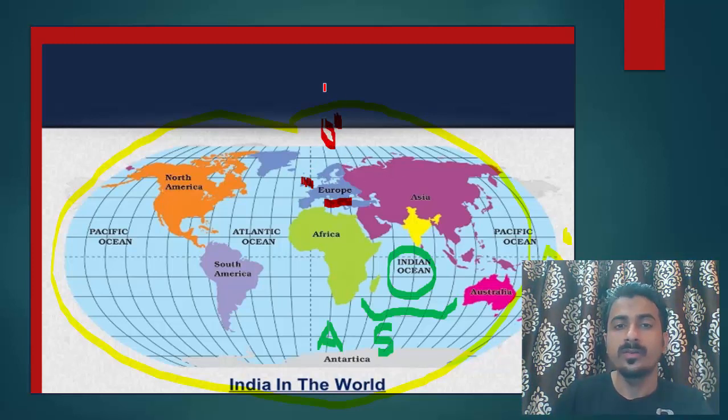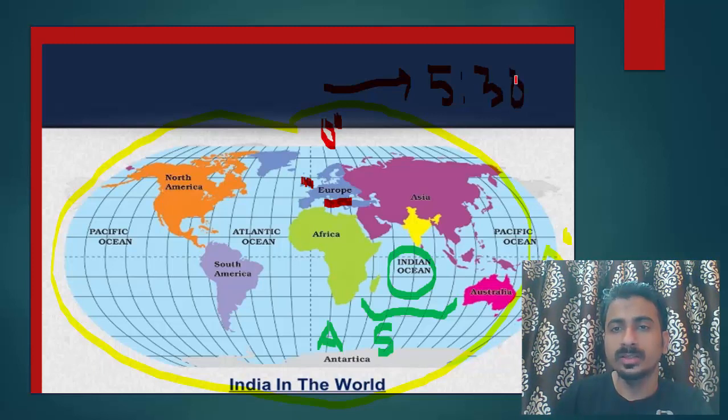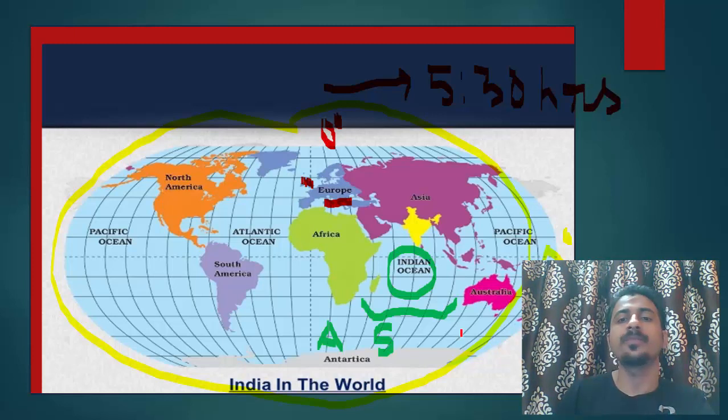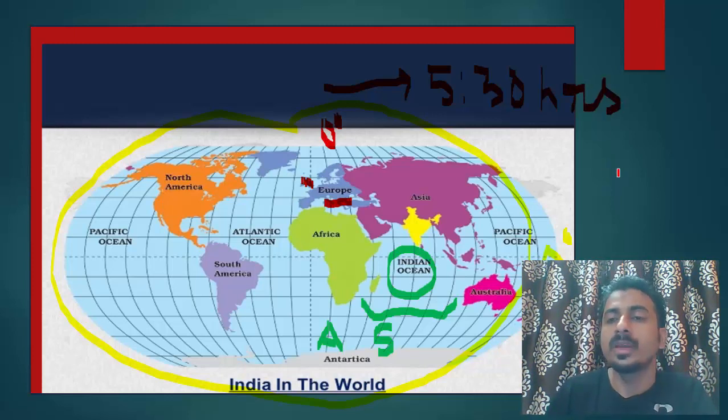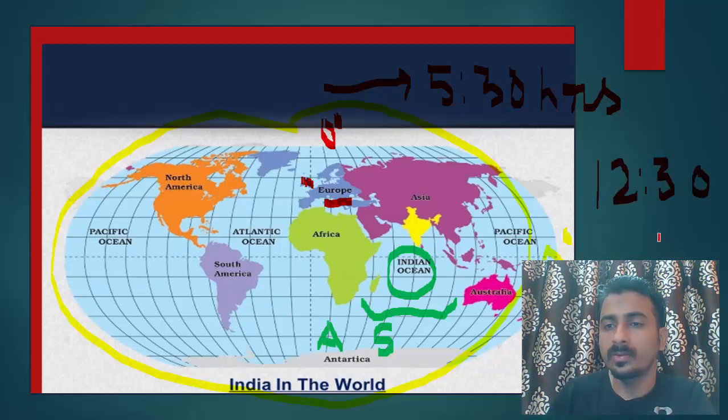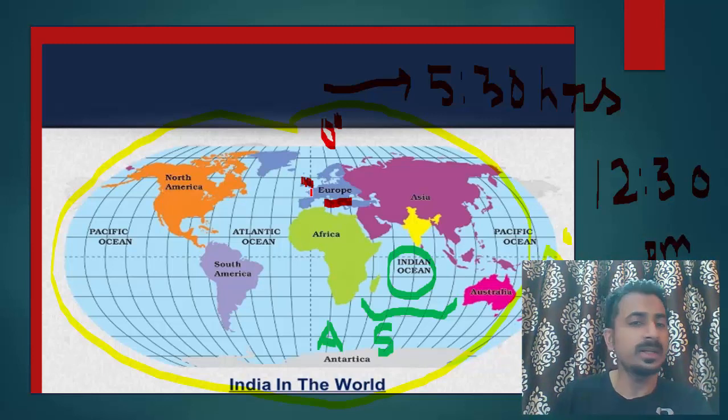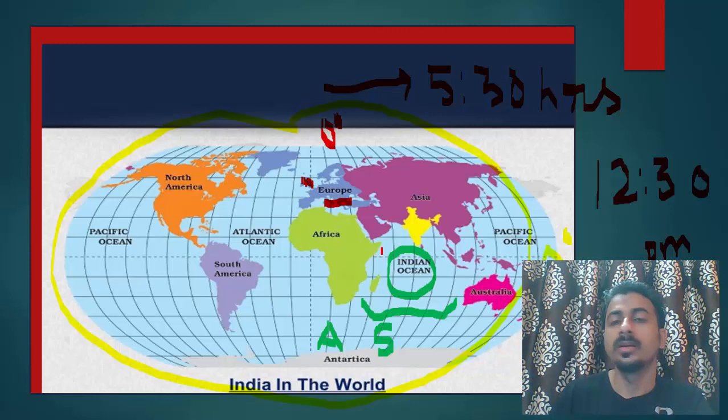So we are 5.5 hours ahead of GMT. How? I just told you. If a place is situated to the east of any country, then it will be ahead in time. Suppose in India, if we have 12:30 p.m. in the afternoon, then what will be the time in London GMT? Tell me.